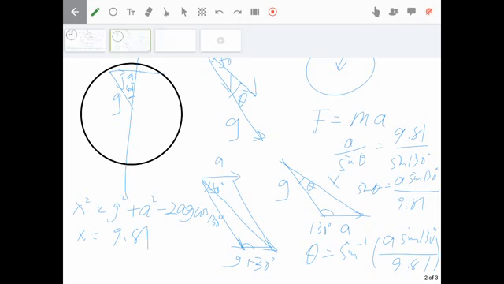New page. Question 12. A horizontal disk has a hole at the center with a string.